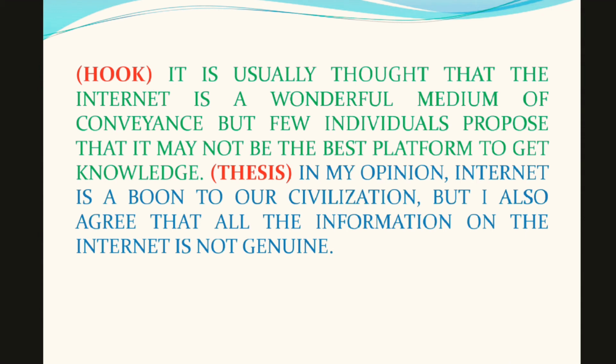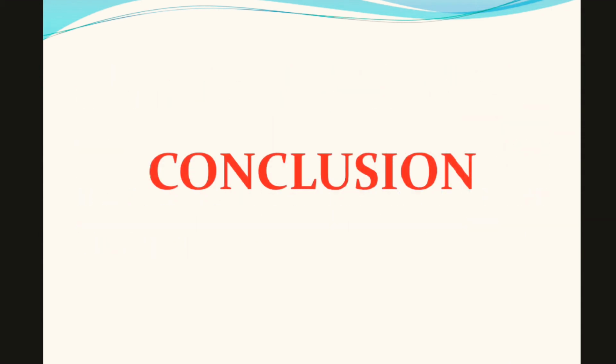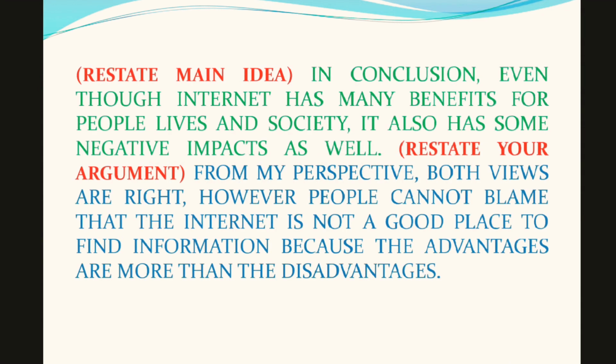Okay, so let's move to the conclusion task now. In case of a conclusion, we are going to see the main topic sentence, that is, restate the main idea. In conclusion, even though the internet has mainly benefits for people, lives and society, it also has some negative impacts as well.